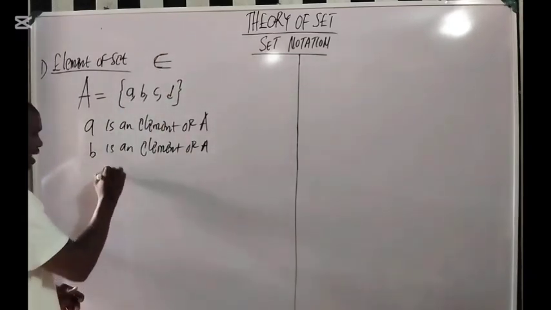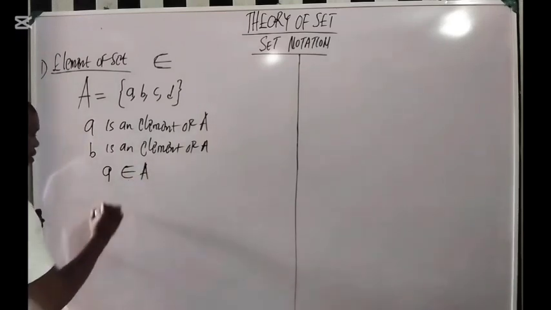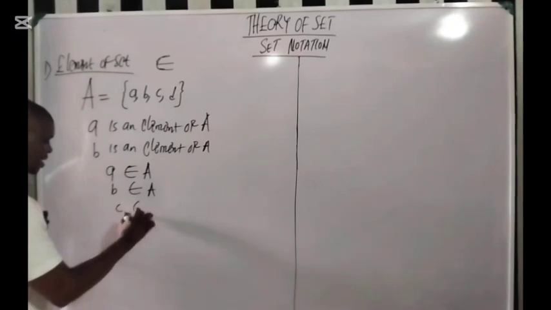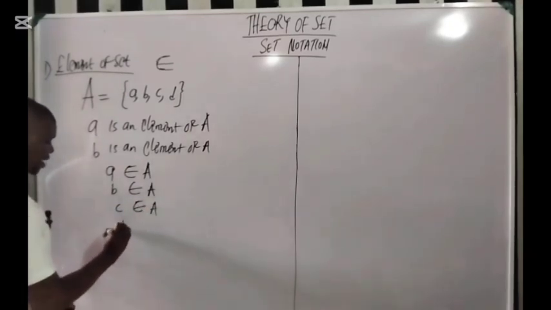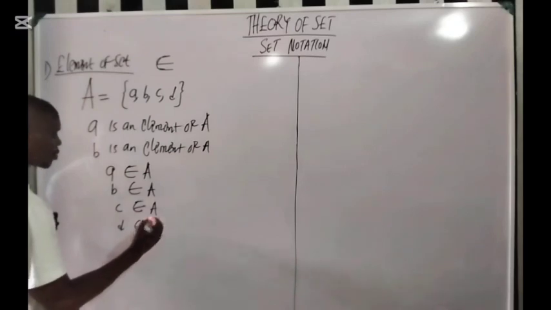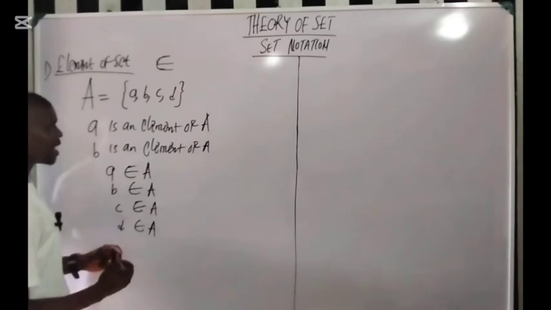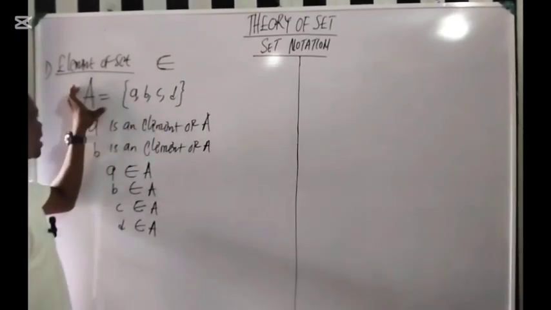So we can say that a is an element of A, b is an element of A, c is an element of A, d is an element of A.